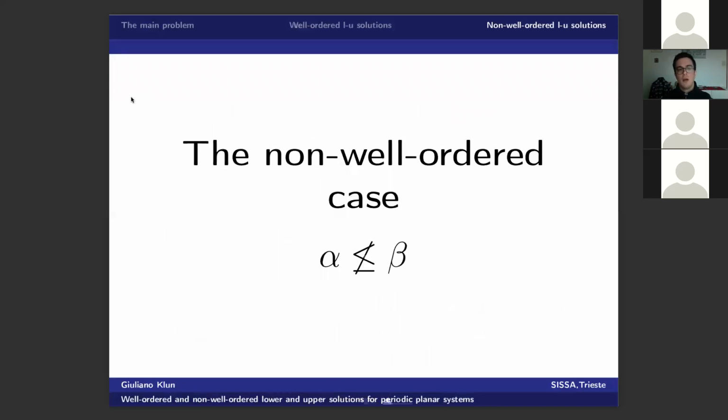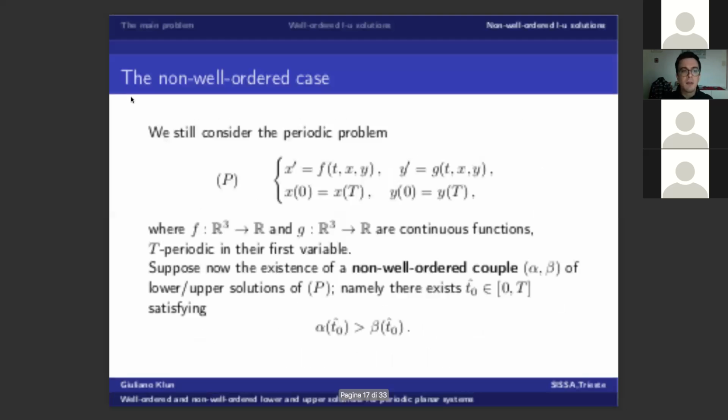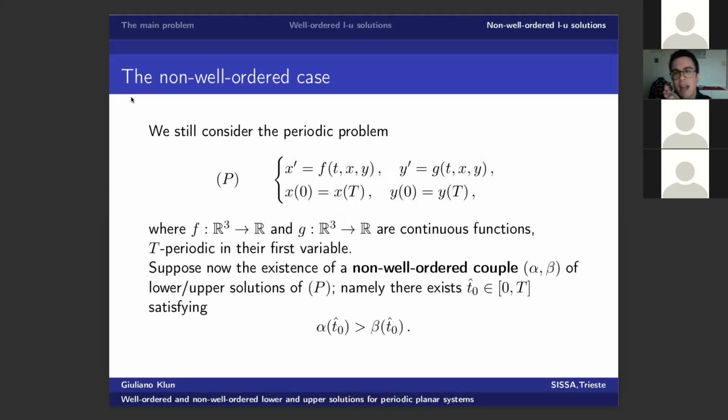Now, the second part is devoted to the non-well-ordered case. Here, an analogous result can be stated, but with two more hypotheses. One very similar to the previous one, but one far different.